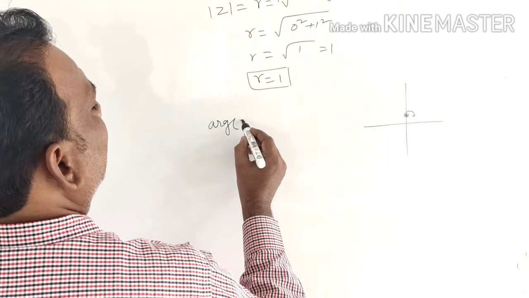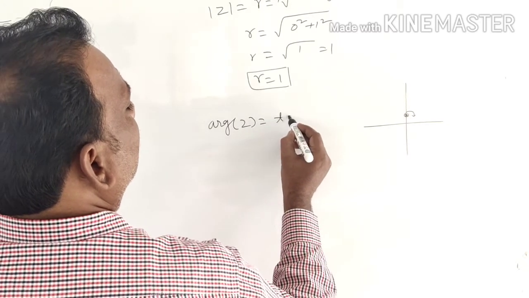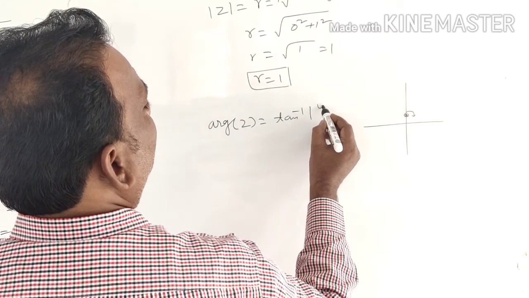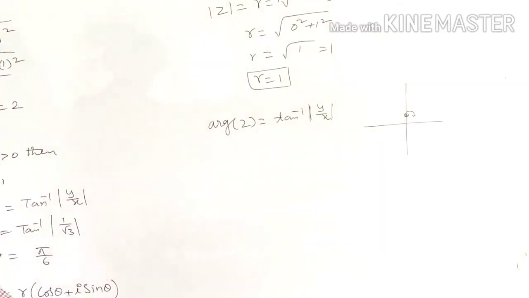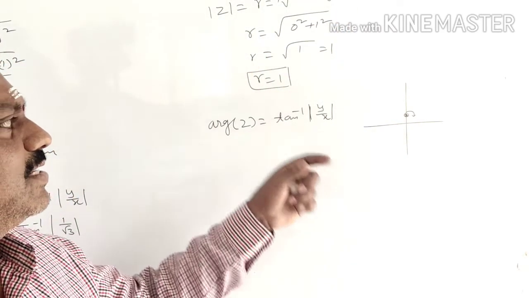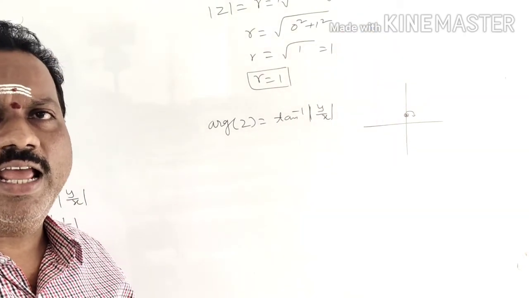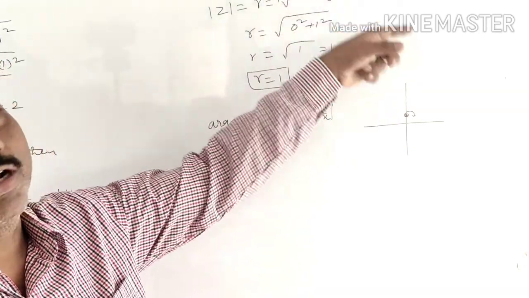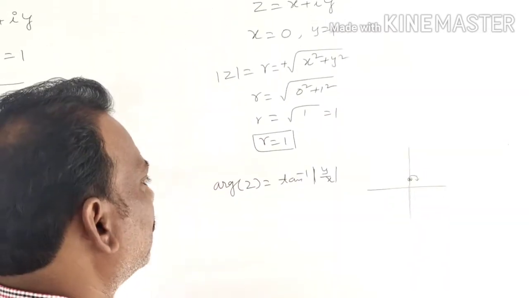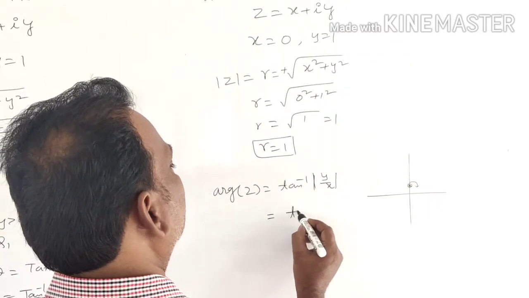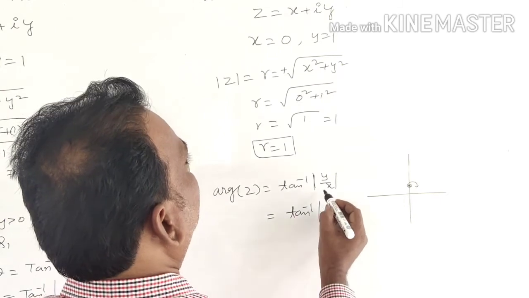Argument of z is equal to tan inverse of mod y by x. It does not lie exactly in a quadrant, it lies on the imaginary axis, but it is positive only, not negative.